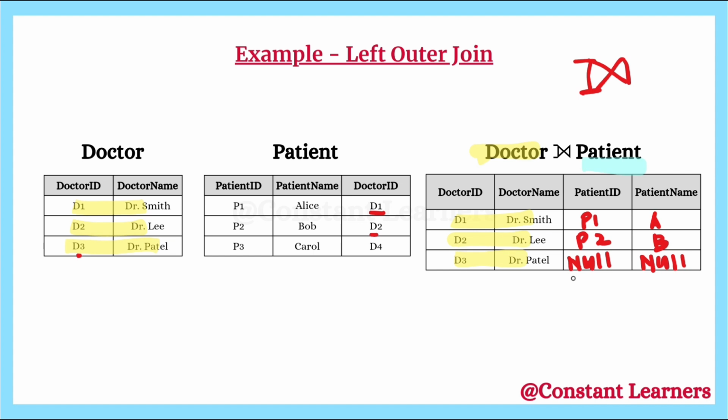So this is left outer join. In this case, the left table, that is the doctor table, will have all the entries and whichever entries in the doctor table are matching with the table on the right hand side, that is with the patient table, those will be included in the output. For the rest of the unmatched entries, we will have null values, right?